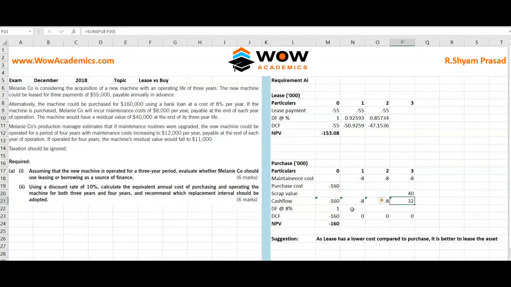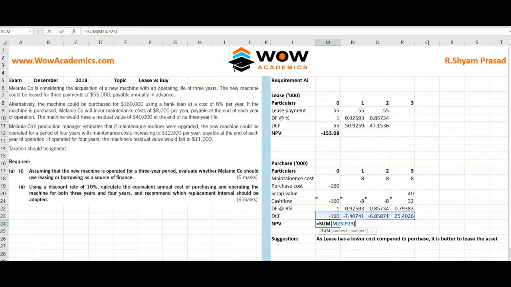We have to get the discount factor. Discount factor is divided by 1.08. So we got it for the first year, we got it for the 3 years. So just check whether these numbers are pulling properly, and yes, they are pulling properly. And we have got the discounted cash flow also. And finally, we have to check whether this pulls properly.